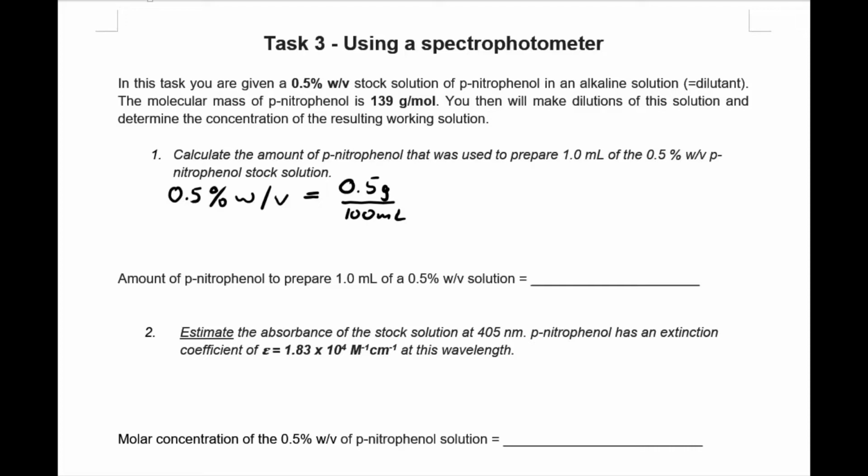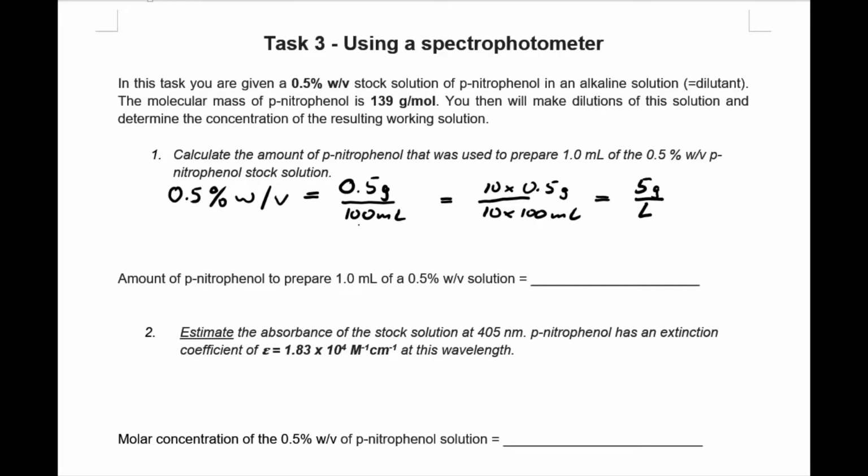And I can multiply that by a factor of 10 so that I will get 10 times 100 milliliter. And I've got 10 times 0.5 gram. And that gives me the concentration in gram per liter. So I've got 5 gram per liter.